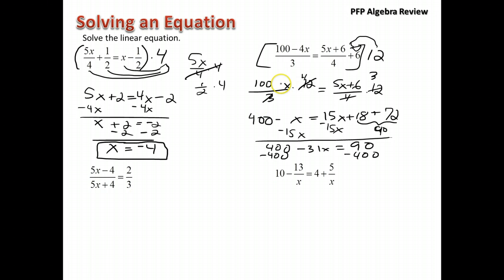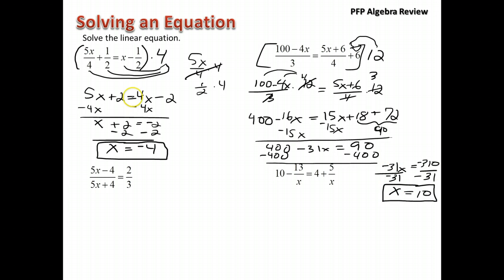Great, I caught the mistake. It was 100 minus 4x, and so we, oh no, there's no mistake. That's minus the 16x. Okay, now we're good. And so we get minus 31x is minus 310, and so the answer is 10 after dividing by 31. Sorry, I thought there was a mistake there, but there wasn't.